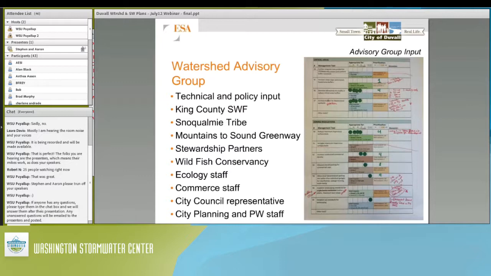And that's the image on the right-hand side, looking at critical areas, zoning regulations, and specific management tools that were considered in the watershed plan, and getting input along the way from the advisory group to ensure that they were aligned with the comprehensive plan policies that were being developed along the way.